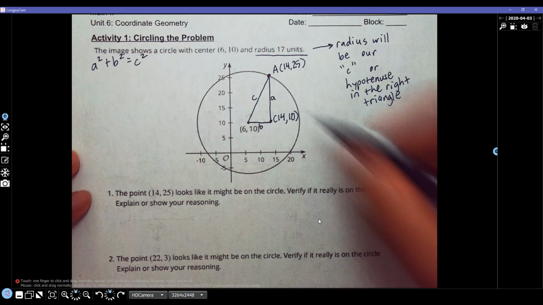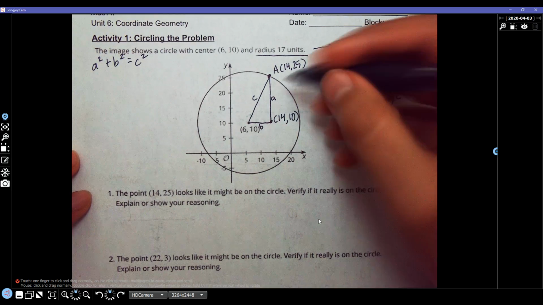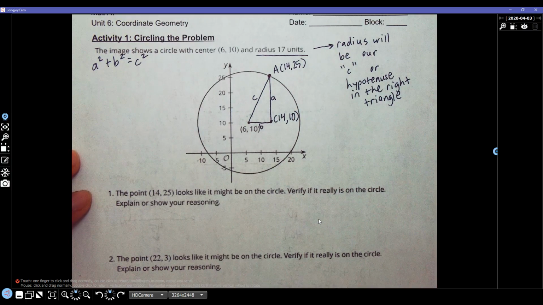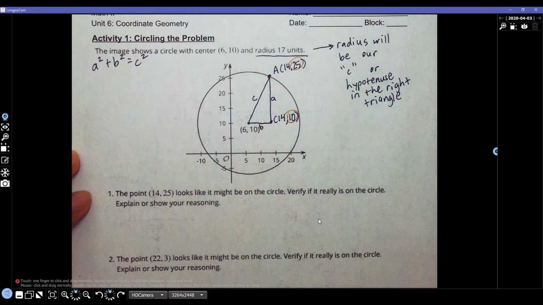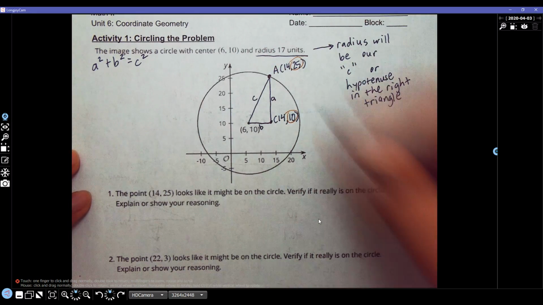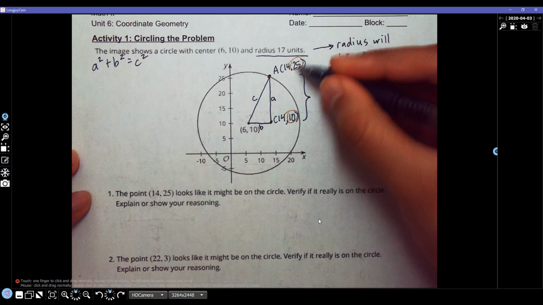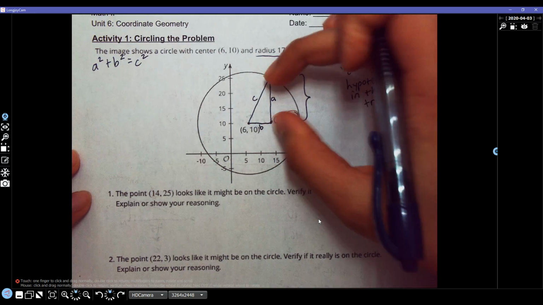So first let's look at the side length A. Our x-coordinates are exactly the same, so we're going to be looking at our y-coordinates here, right? If we look at this distance, we can just subtract our 25 and 10. This is the change in vertical distance.